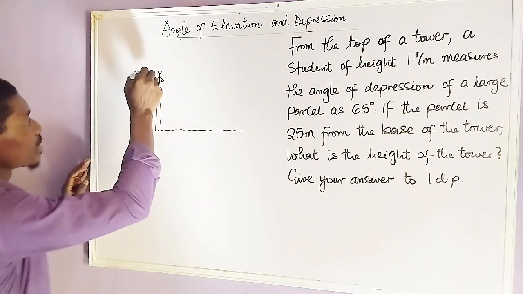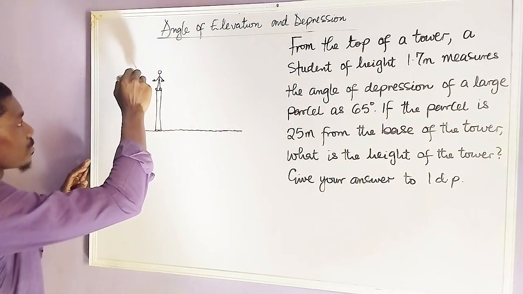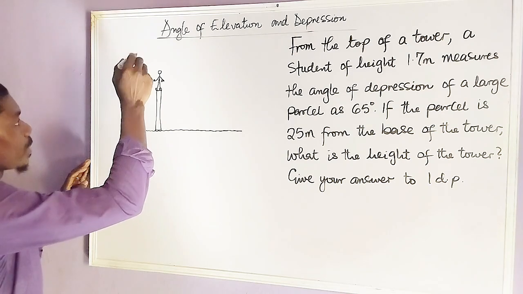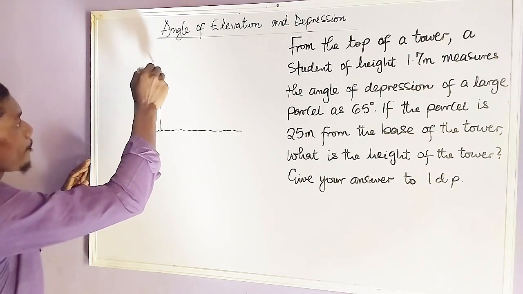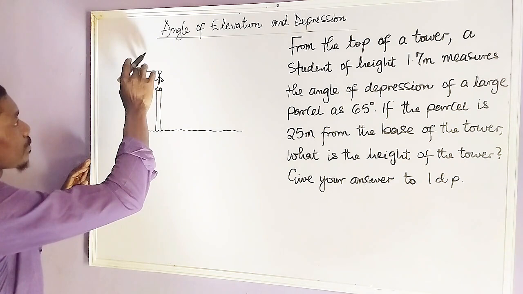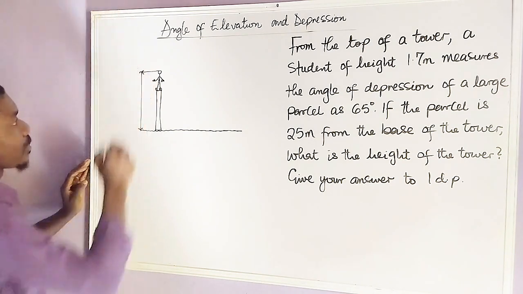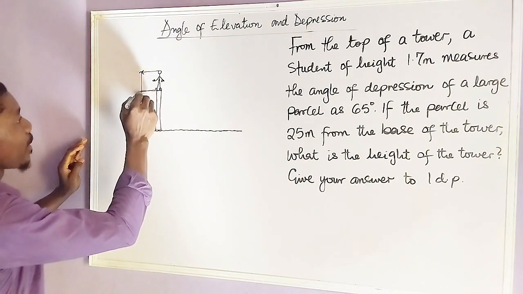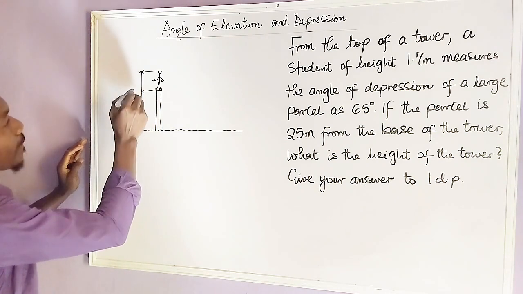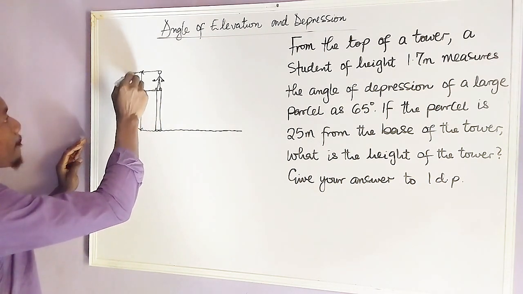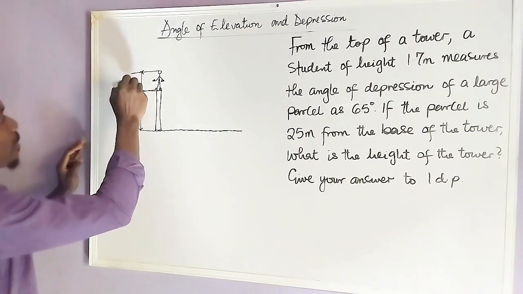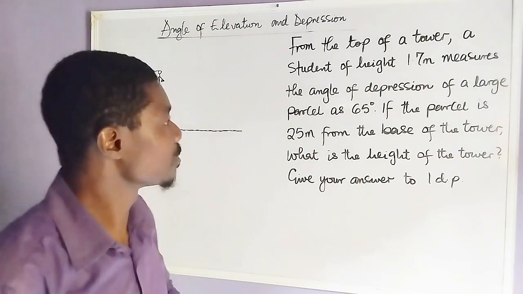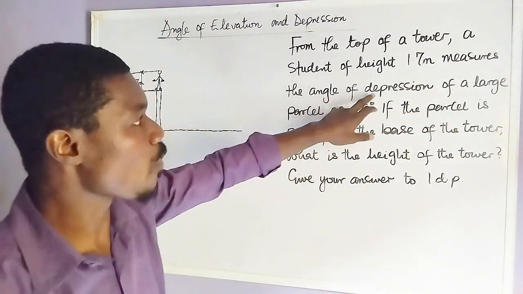So from here, let us assume is the total height. From here, which is the height of the boy, is 1.7. Now the student measures the angle of what?